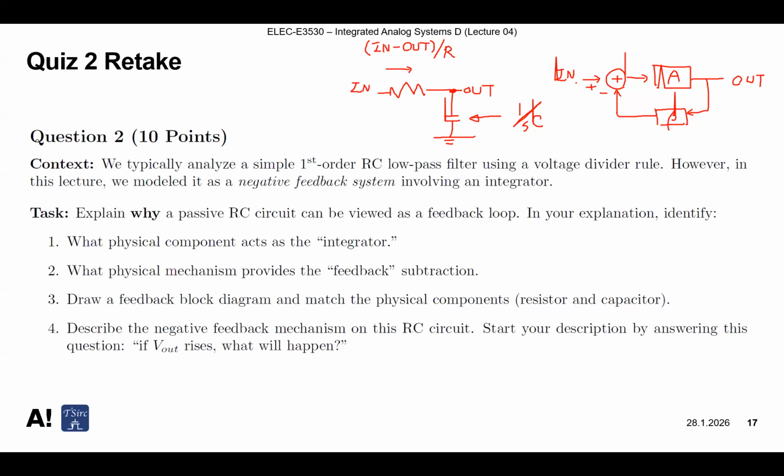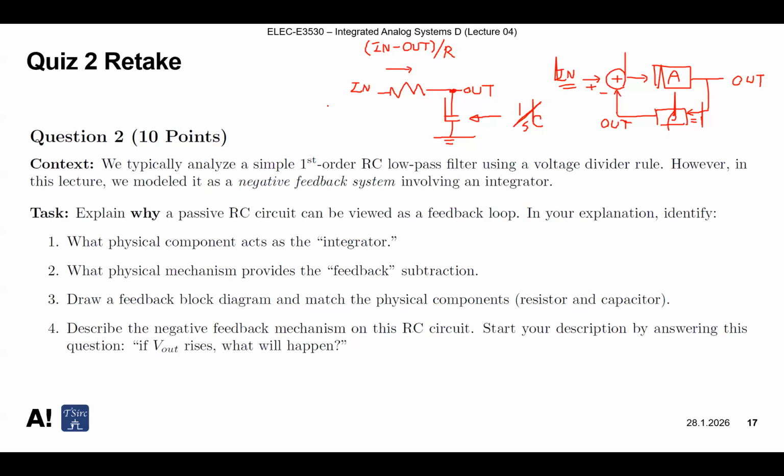In here, in minus out. When we take beta equal to 1, then this one also equals out. So there is a subtraction in the current equation, in minus out over R, that gives the current. So the current is actually caused by the resistor. The physical mechanism that provides the feedback subtraction is the resistor and the current.